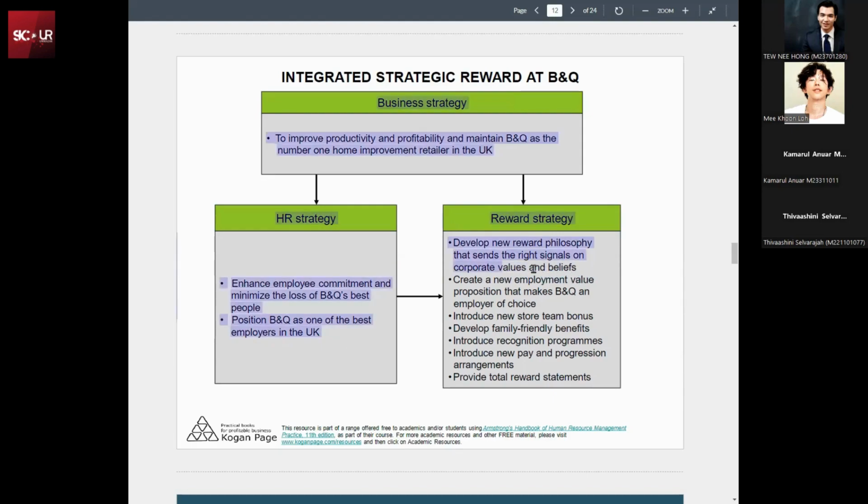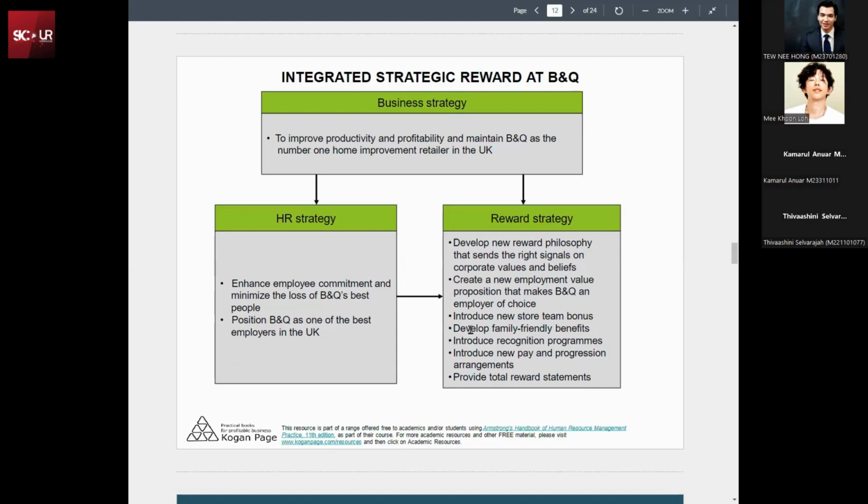Okay, they want to focus on values and beliefs, then on integrity and involvement, and create a new employment value proposition. It is more on the market. They must do a market survey on the level of compensation. Choose a new store team bonus, family and friend benefits, or a recognition program, and a total reward statement.